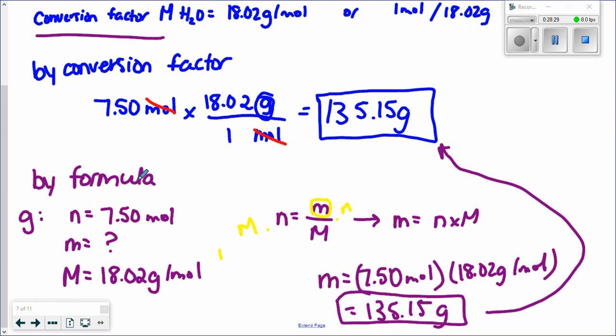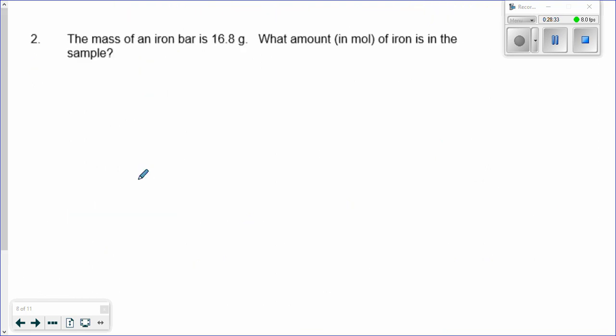So on to the next one. The mass of an iron bar is 16.8 grams. So given mass 16.8 grams, what amount in moles, n, of iron is in this sample?